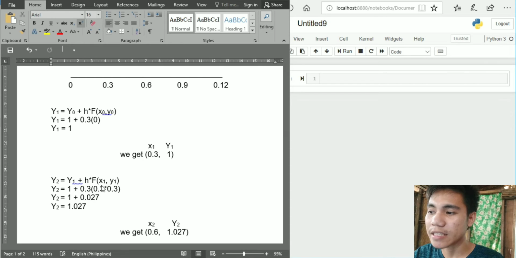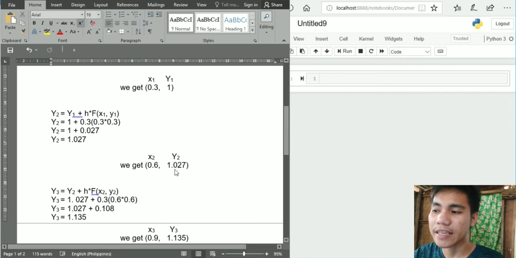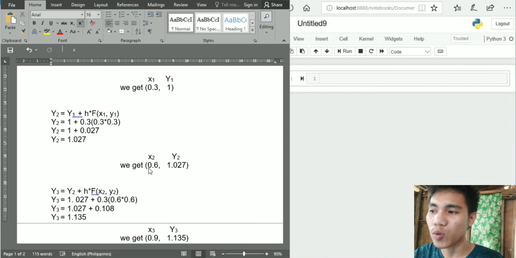X sub 1 is 0.3, and we assume that y sub 1 is equal to 0.3. So y sub 2 is equal to 1 plus 0.027. Hence, y sub 2 is equal to 1.027, and x sub 2 is equal to 0.6.